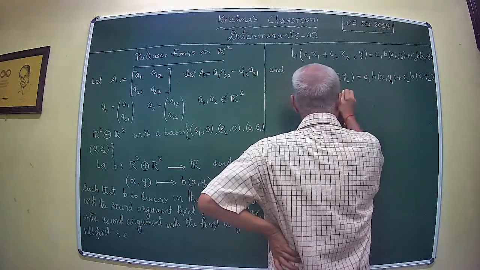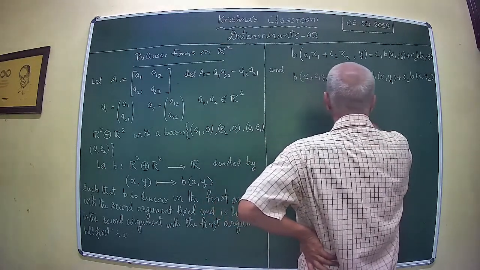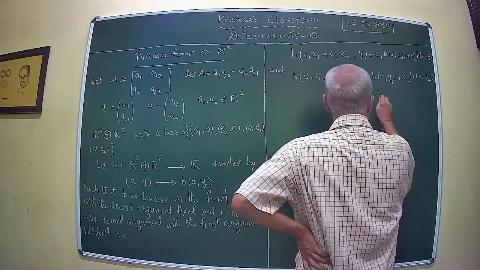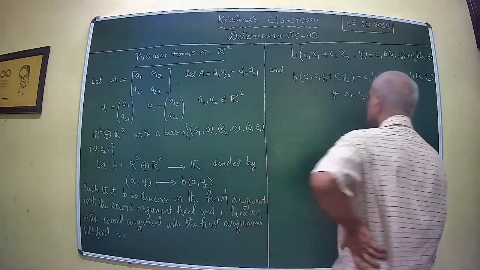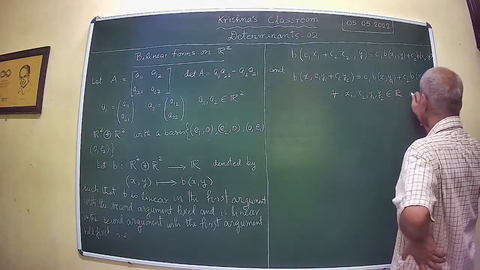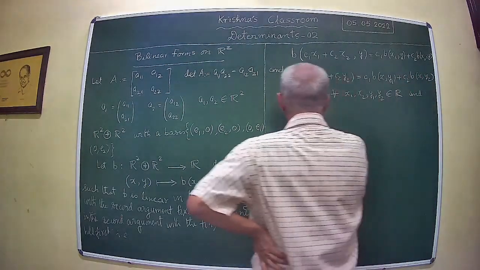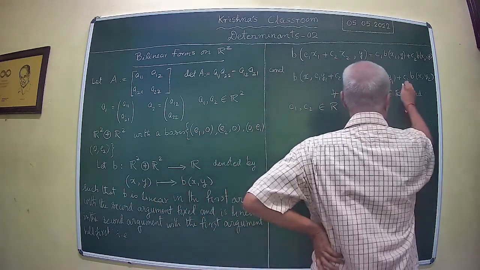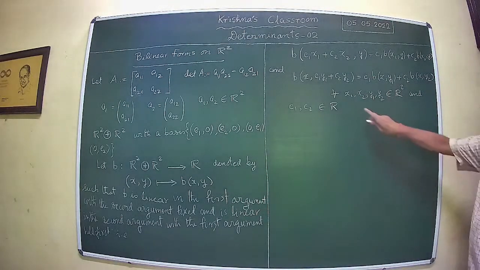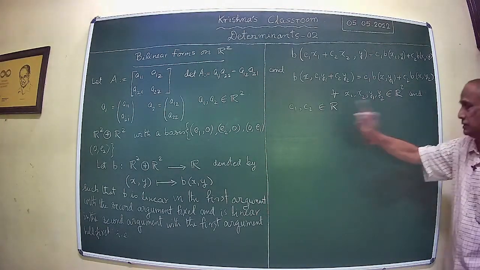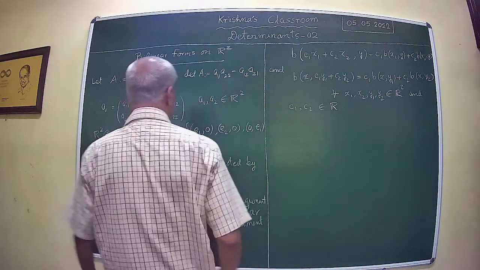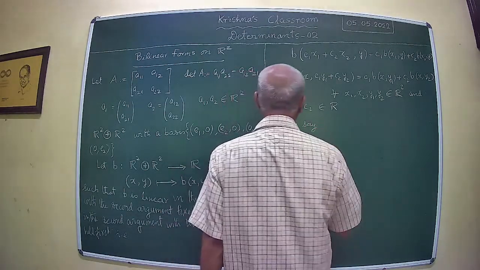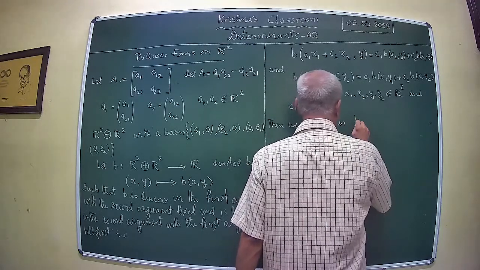for every x1, x2, y1, y2 belonging to R2 and c1, c2 belonging to R. Then we say B is bilinear.